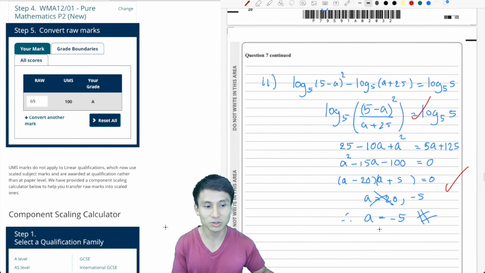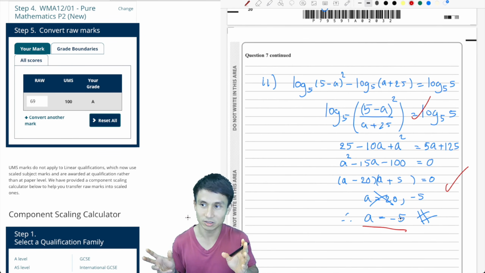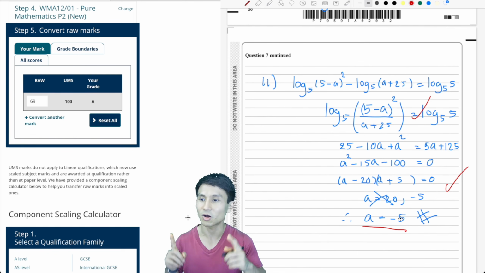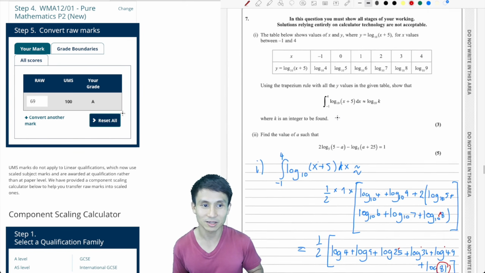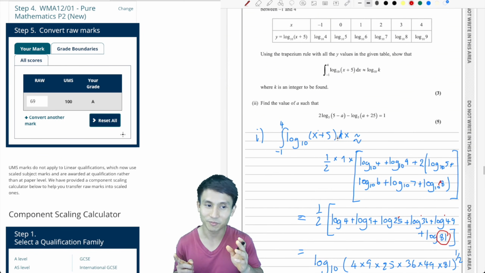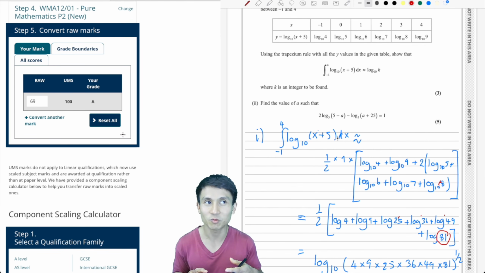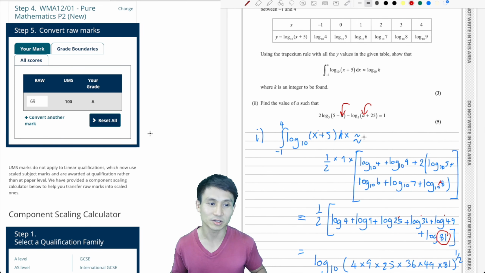And yeah, this one is something you should note, that when you solve a log equation, the solutions to the variable don't have to always be a positive number. The right way of thinking of which one is a right answer is to substitute the solutions you get into the original equation.